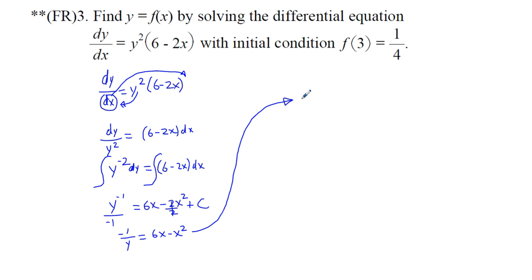We'll just take the reciprocal, and we got negative y equals 1 over 6x minus x squared plus c.